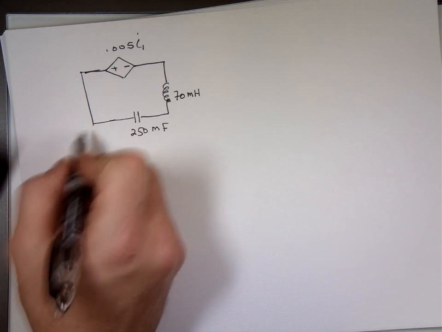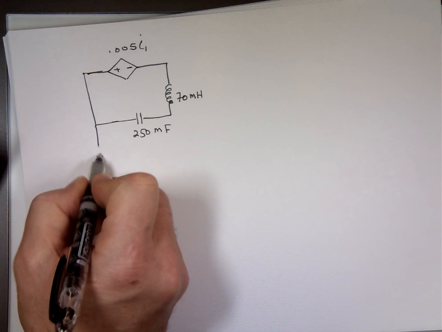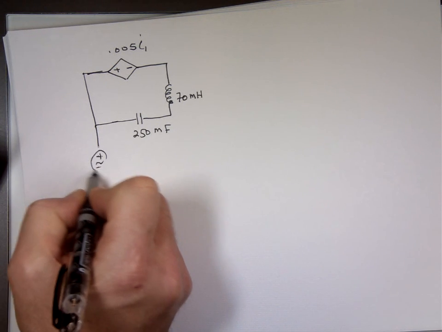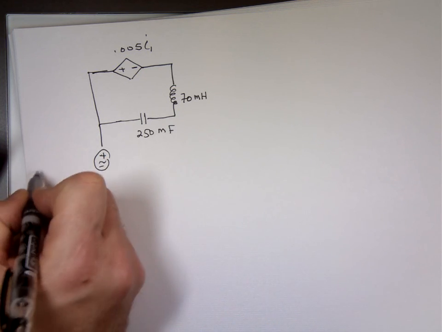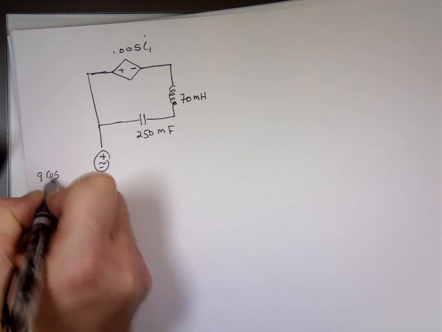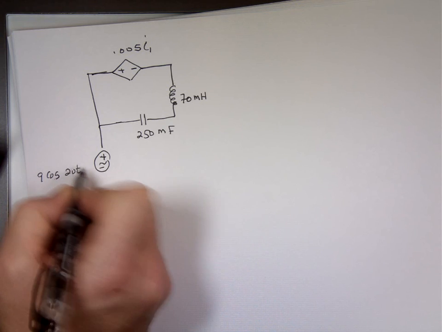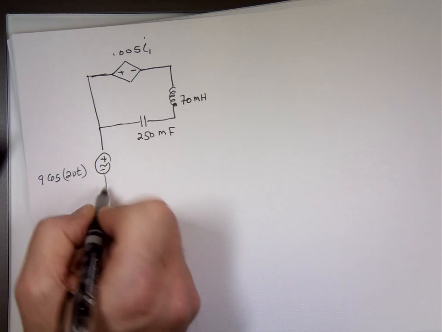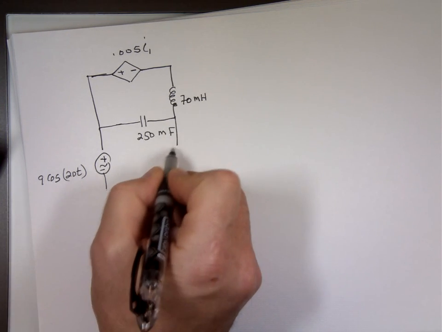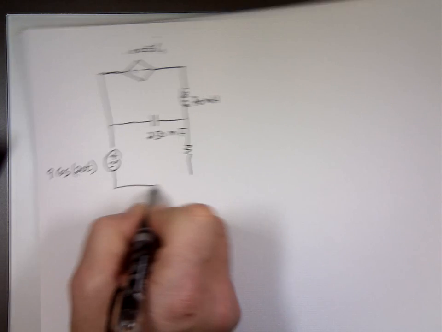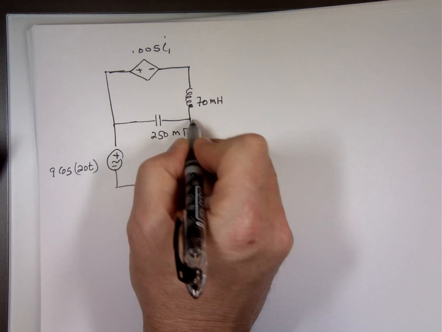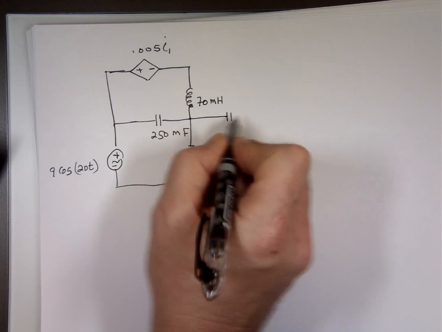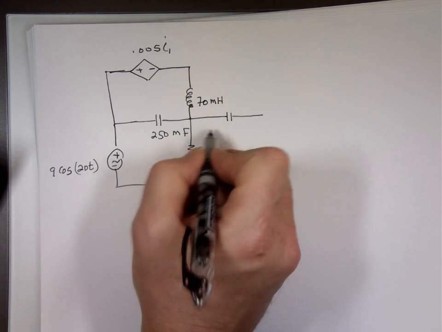We have a voltage source here, 9 cosine 20t. This is 3. Another capacitor here, 250 millifarad.